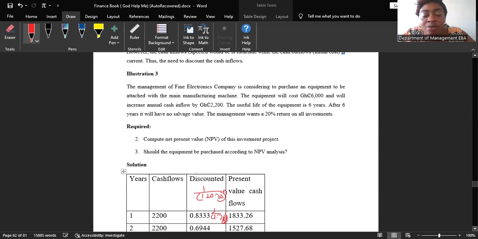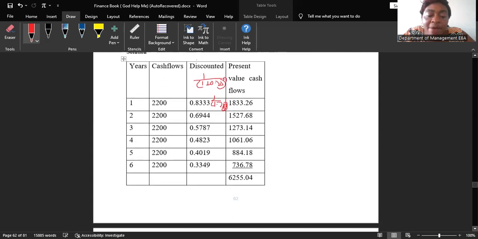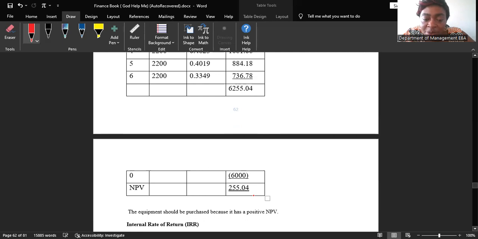That's the cash out. We have to subtract it from it. So that is NPV. Now this NPV we got is positive, and therefore we are going to advise the firm to make that investment.